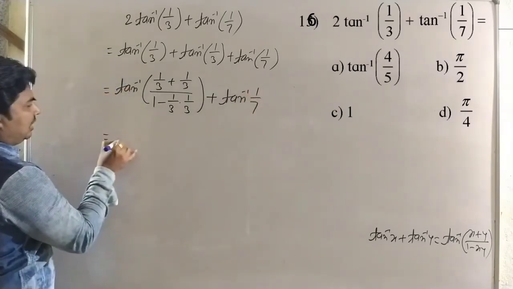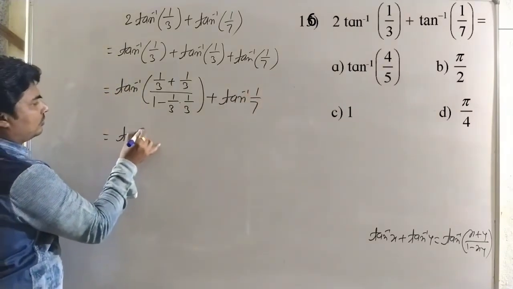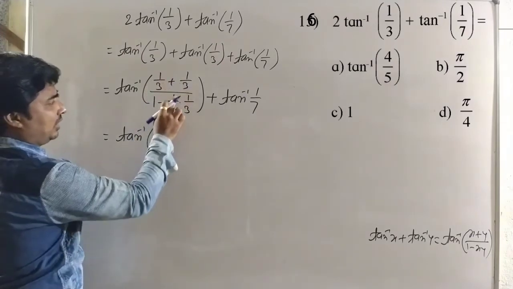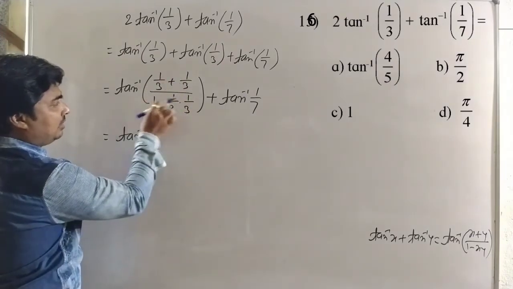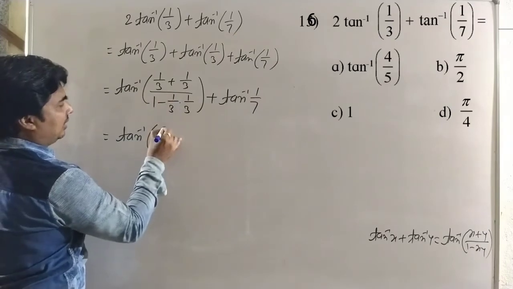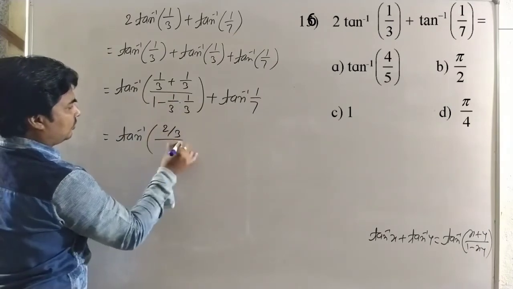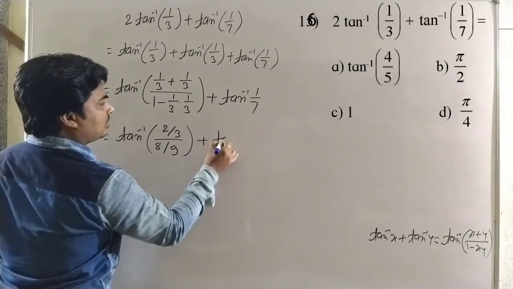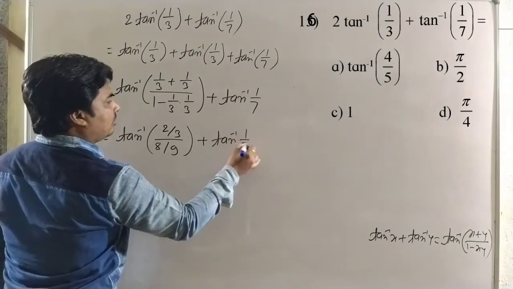Now the calculation: 1 by 3 plus 1 by 3 is 2 by 3, and here it is 1 minus 1 by 9, that means 8 by 9. Here it is 2 by 3 upon 8 by 9 plus tan inverse of 1 by 7.